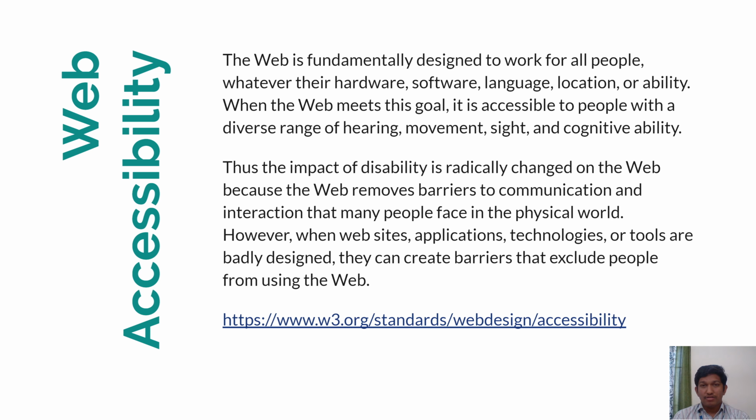For example, if you consider any social media platform or any platform where users upload an image, if he is not a web developer and he doesn't know what web accessibility is and how it is useful to all people, he may not give alternative text for it, and that may hurt some people who use the web.